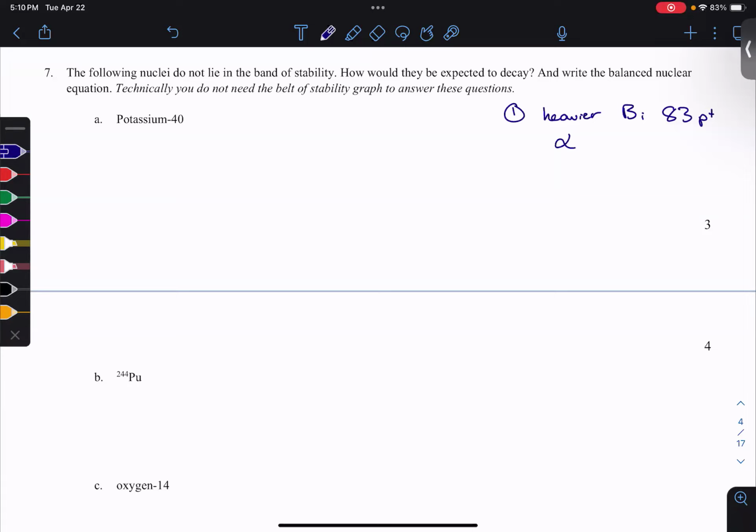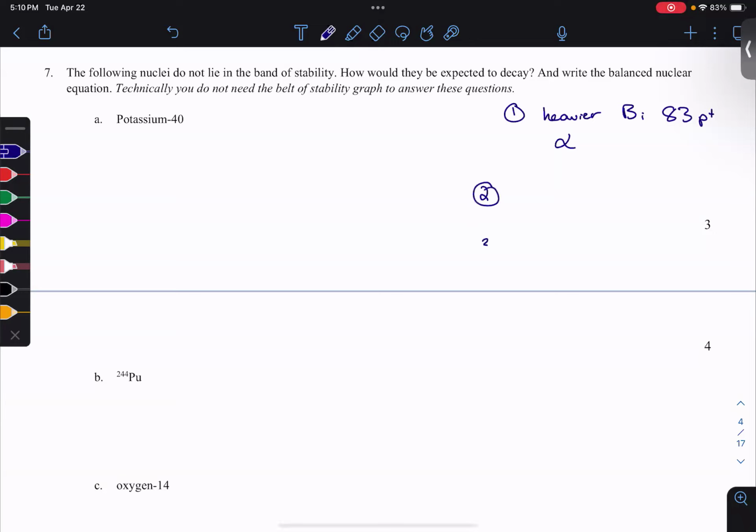Notice how everything has a bracket, and that's because anything heavier than bismuth undergoes alpha emission because none of those nuclei are stable. Bismuth is the heaviest stable nuclei on our periodic table. Everything else is basically man-made. It'll always decompose into something else to get more stable. So anything heavier than bismuth will undergo alpha emission to make itself lighter, so then it can become more stable. So that's the first rule.